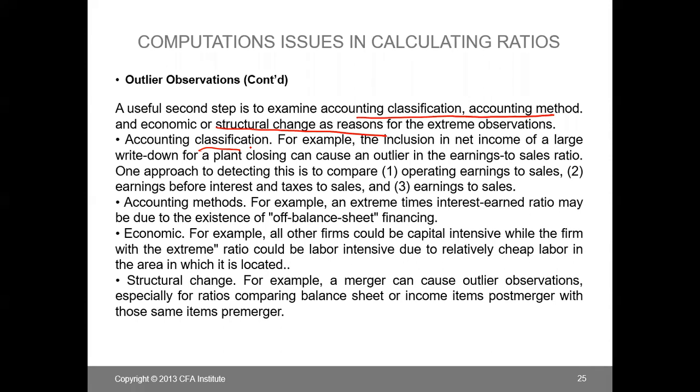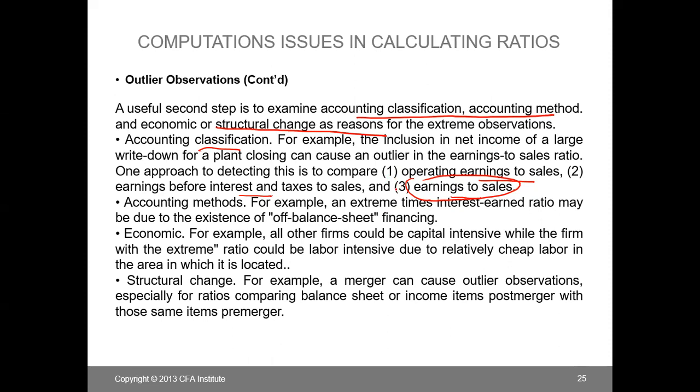Say, if you compare operating earnings to sales, earnings before interest and taxes (EBIT) to sales, and earnings to sales, if you see significant changes in numbers 1 and 2 relative to earnings to sales, you have to believe that there has been some change in accounting revenue recognition policies, or some transactions happened for which the earnings to sales is significantly different from the operating profit margin.